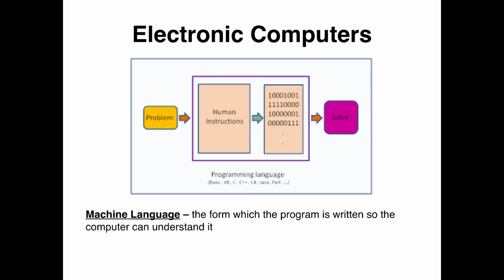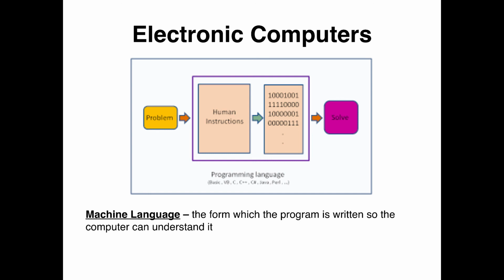Now, machine language is the form in which the program is written so that the computer can understand it. So what you have on the left here is the human problem, what you want to solve. You write that out in human language. It then has to be translated into a computer or machine language for the machine to be able to understand what you're talking about and give you an answer.